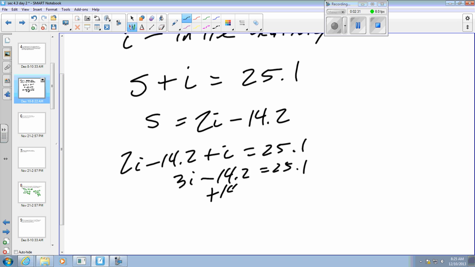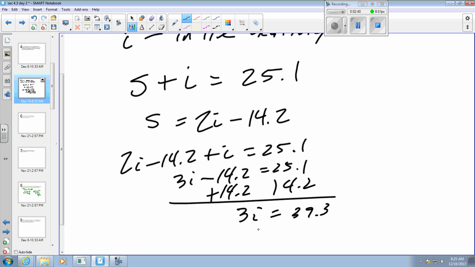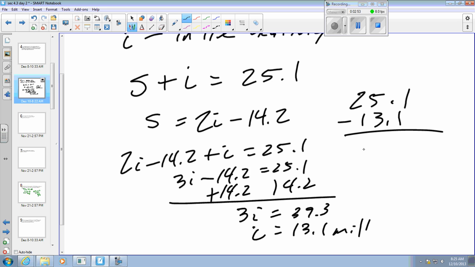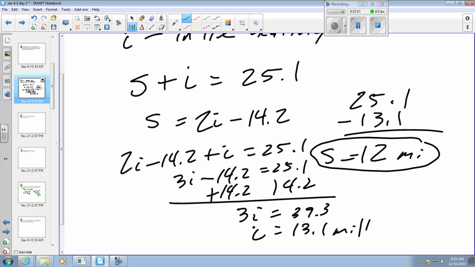Add 14.2 to both sides, and I get 3I equals 39.3. I must be 13.1 million. Don't forget that that's in million. And if I subtract 25.1 minus the 13.1, I get that the number of skateboarders is 12 million. So this is S. This is I.